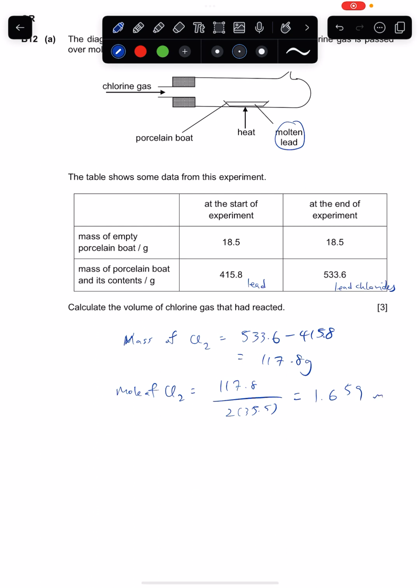Mole. Then after that, change to volume lah. So volume of Cl2, 1.659 times 24 dm cube. I end up with 39.8 dm cube. Yay. That's it.